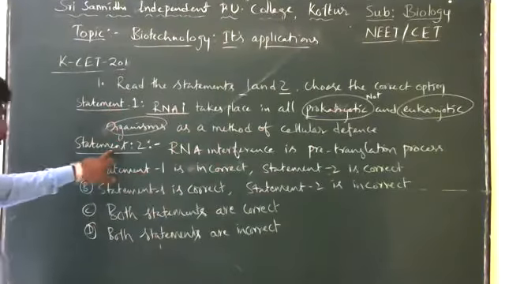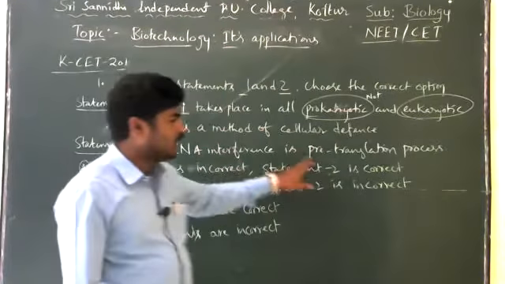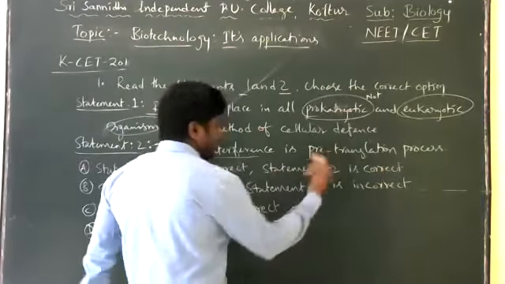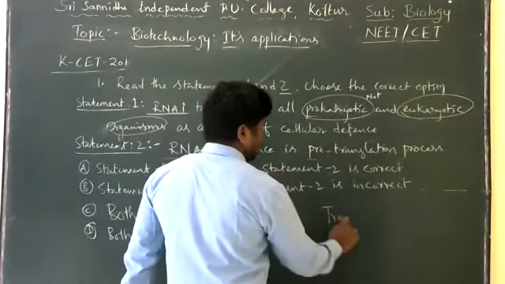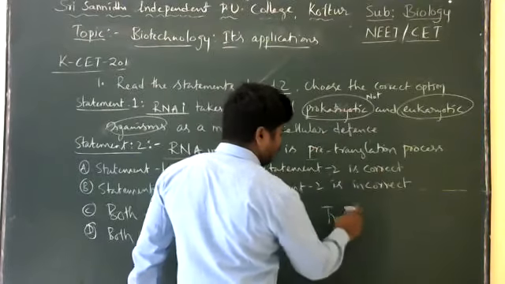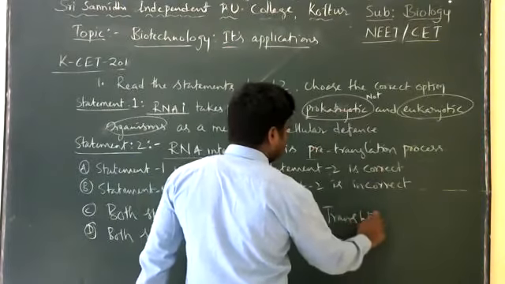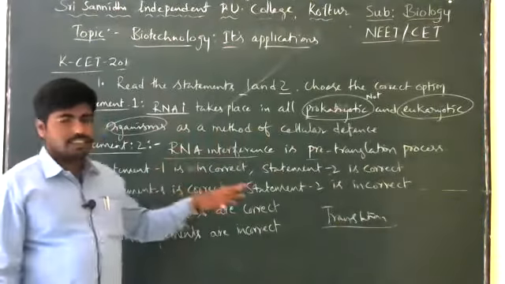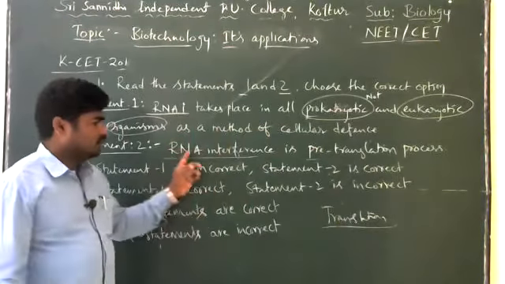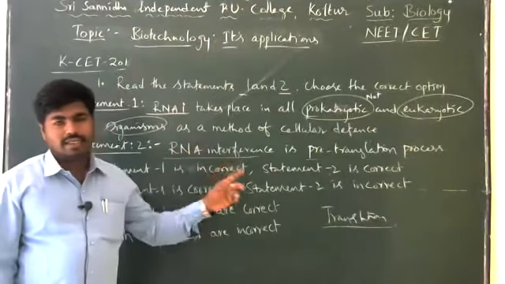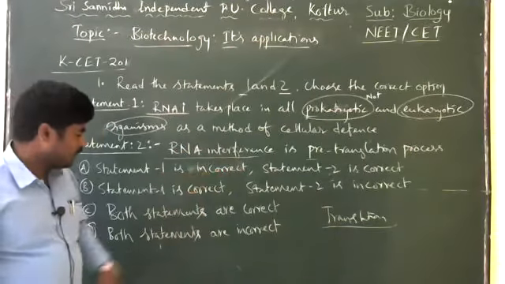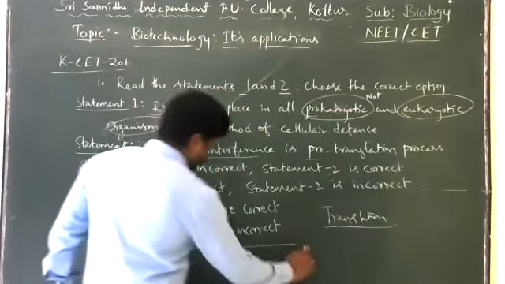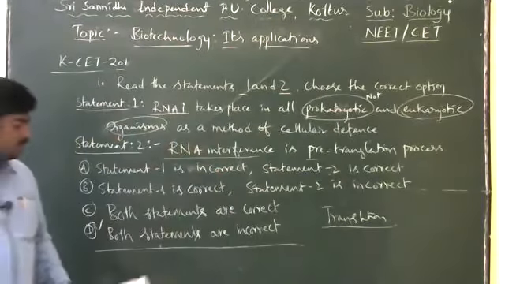Then statement 2: RNA interference is a pre-translation process. It is not pre-translation; it is a translation-level process where the translation mechanism is stopped. RNA interference prevents the translation mechanism. So both statements are incorrect, and the answer is D.